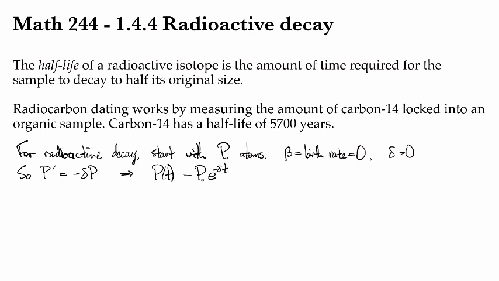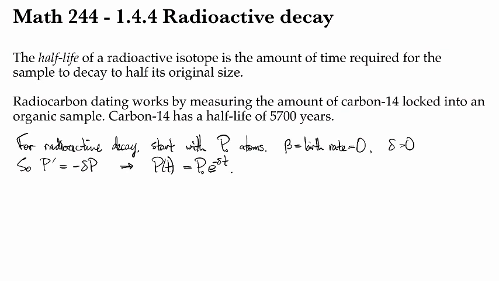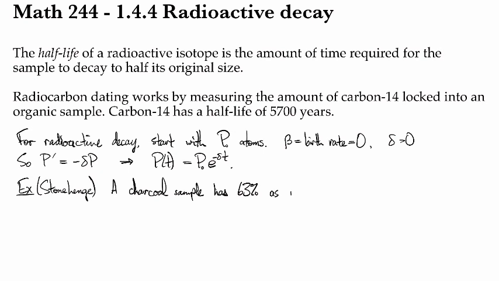minus delta t. Okay, so let's consider an example, and we'll look at Stonehenge. And say we've got a charcoal sample, and the charcoal sample has 63% as much radioactive carbon-14 as a present-day sample.